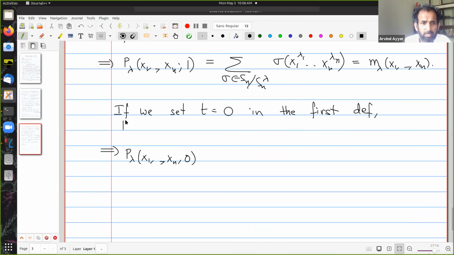Then v lambda of 0. Oops, sorry. So that factor drops out. 1 by v lambda drops out.